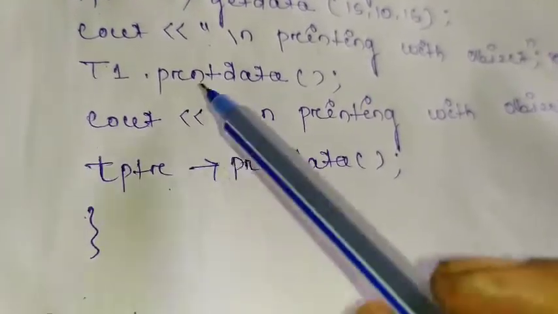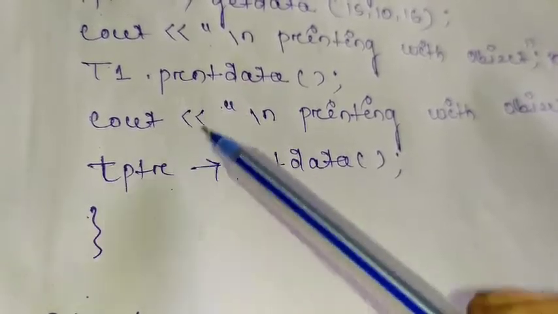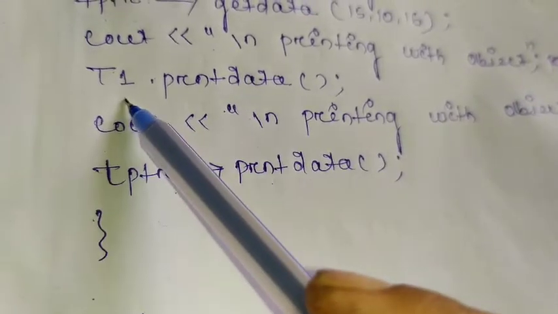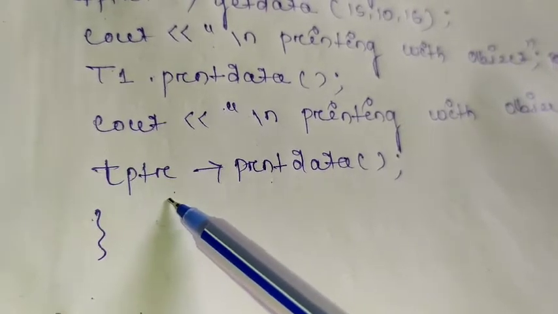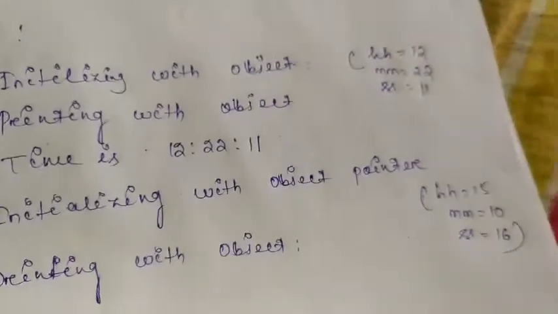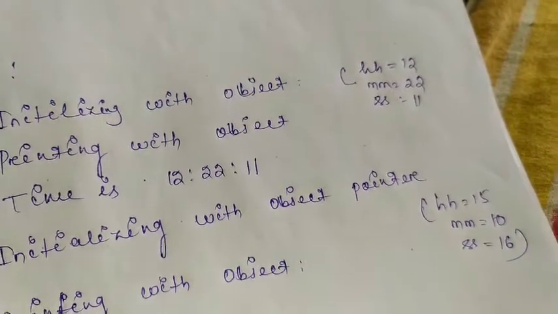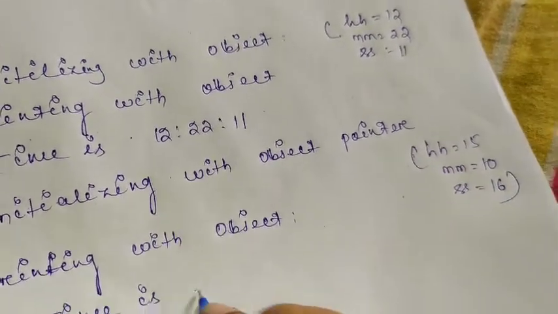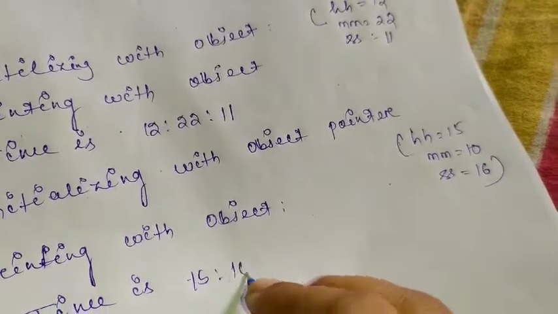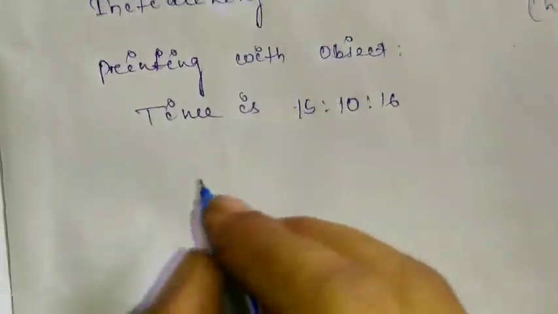As you can see here, this is the difference in calling the functions through a normal object and through a pointer to object, or object pointer. So through this, the time we will get is 15, 10, 16.